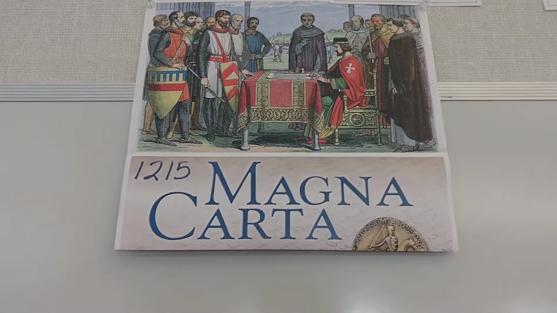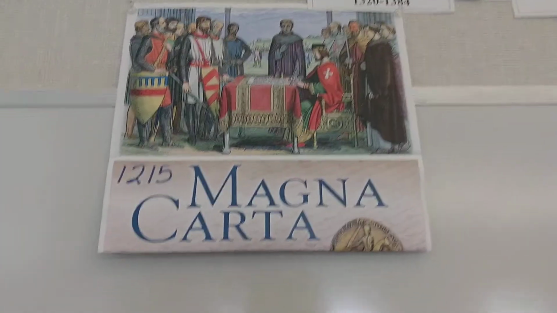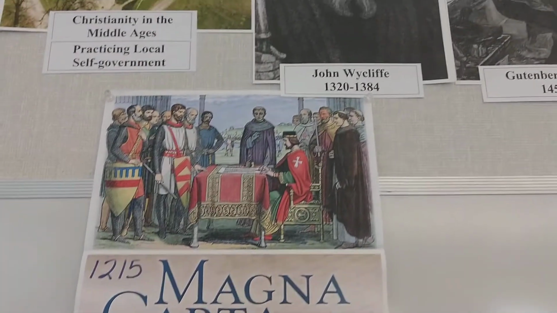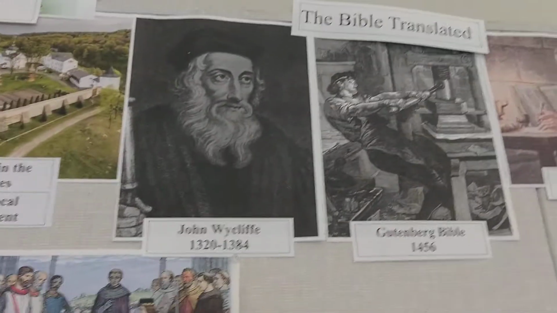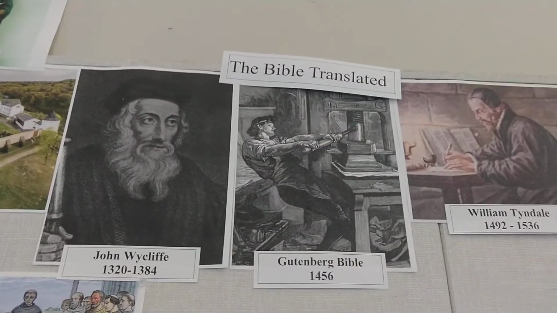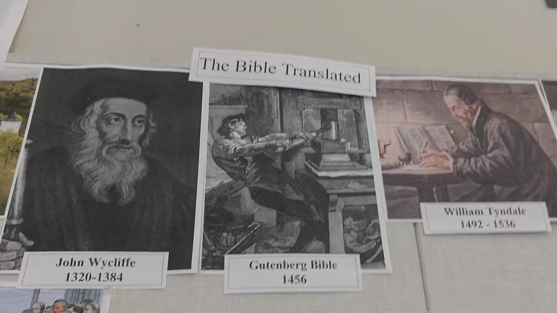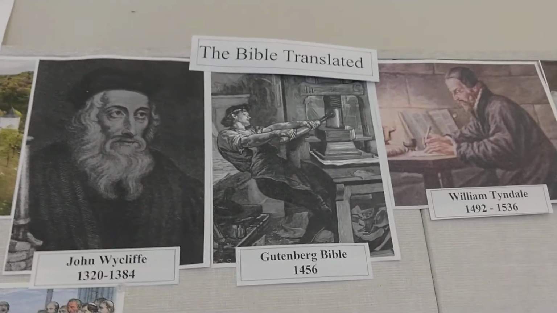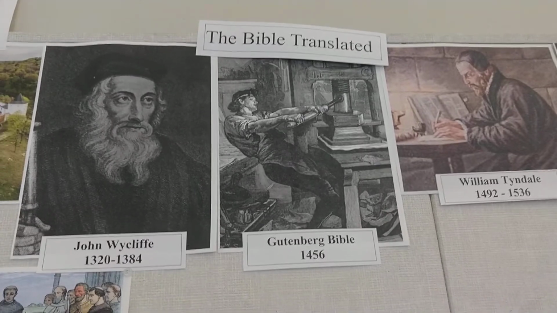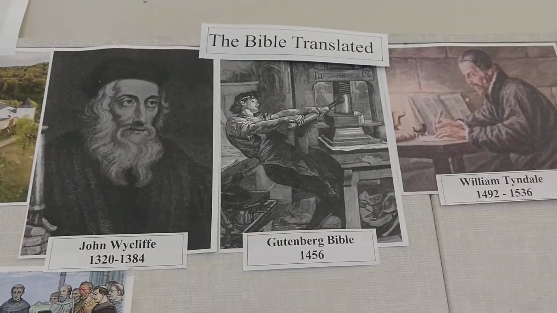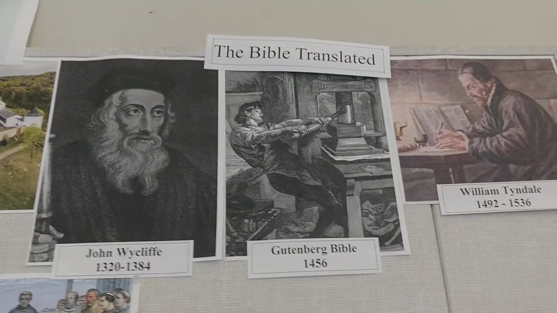Then about 100 years later, a man was born named John Wycliffe. And he and some other people began translating the Bible into English. At the same time, other people were translating it into French and Spanish, but we're focusing on English because that's what's the beginning of our American history.